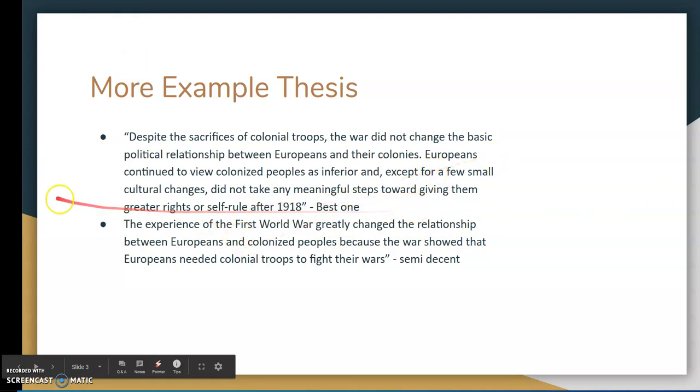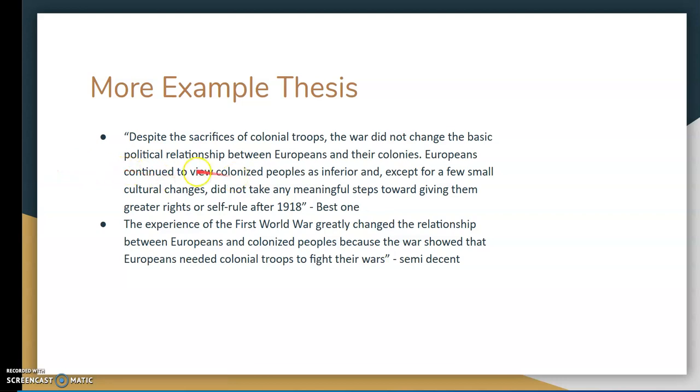So, this one is the best one because, of course, it shows you the line of reasoning, what they're going to be talking about, and it also starts to analyze within the prompt. It starts poking at that.